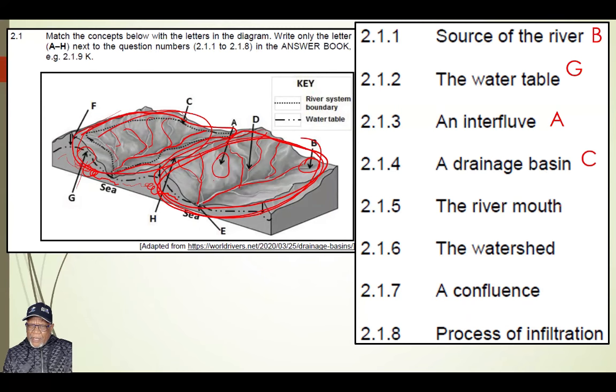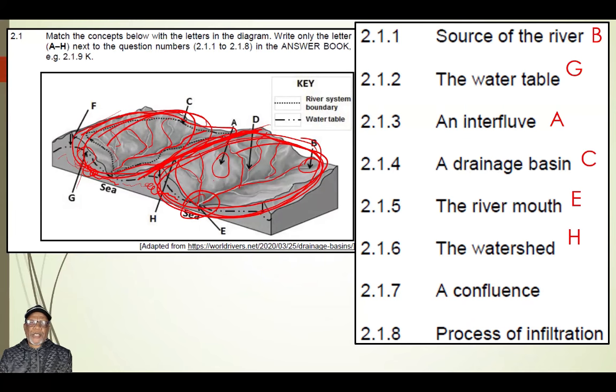Then the river mouth. Where is the river mouth? The river mouth is at E, where the river flows into the sea. Where the river flows into the sea, we call that point a river mouth. Then we have a watershed. There is your watershed. We have a drainage basin on this side, another drainage basin on this side. They are separated by a watershed.